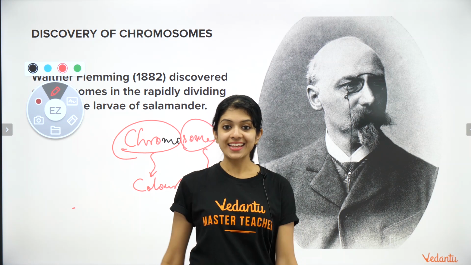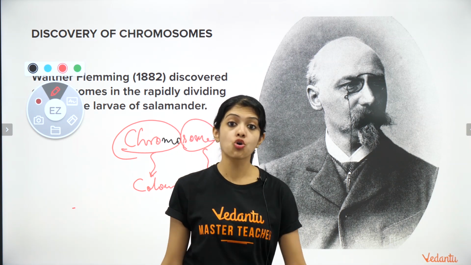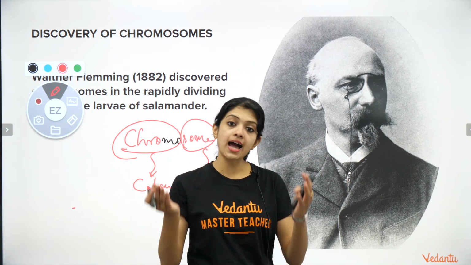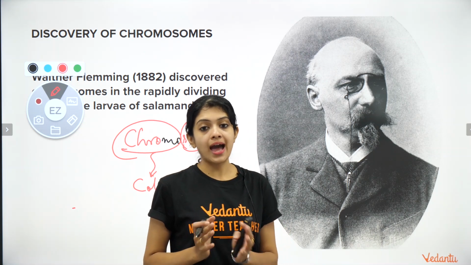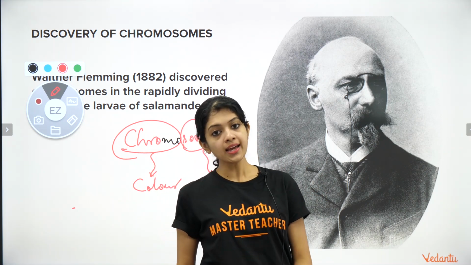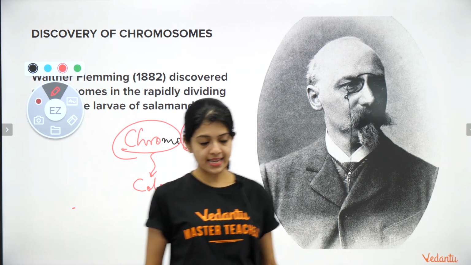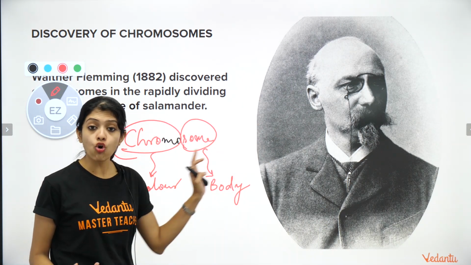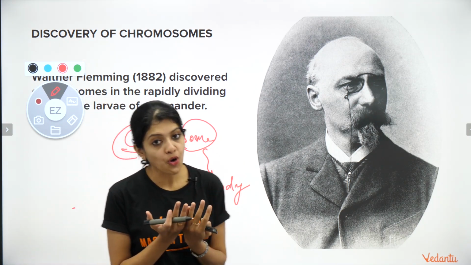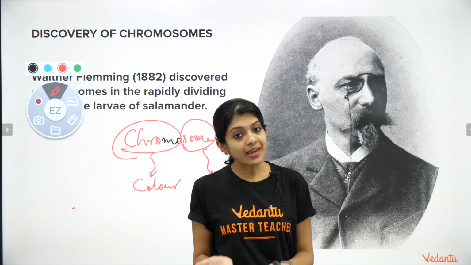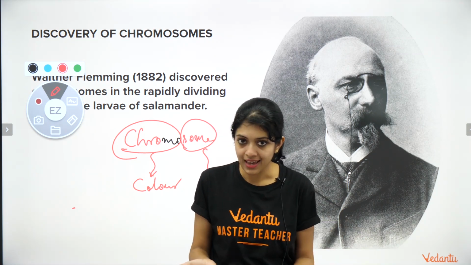Well, we discussed this in yesterday's session. We talked about gametic cells and somatic cells. Somatic cells are casually called body cells, and we refer to them as any random cell of your body apart from your gametes, right? Somatic or body cells. The same thing here. Soma is body and chroma is color. So colored body, chromosome, is the name that we have been commonly using even today, right?